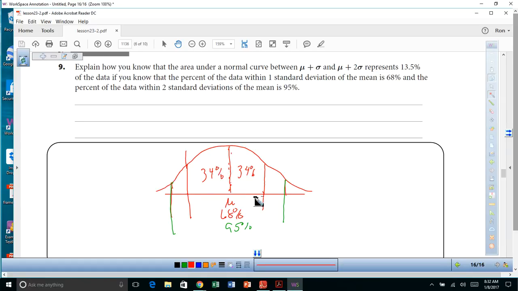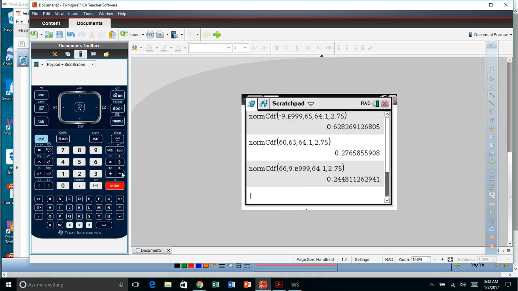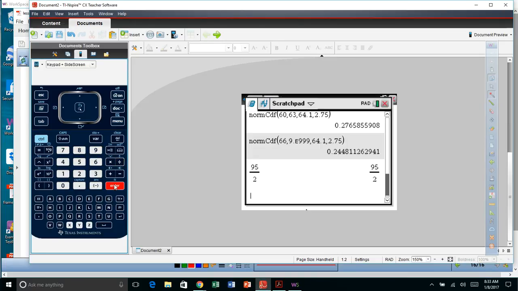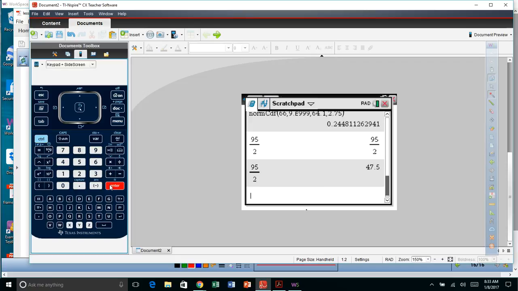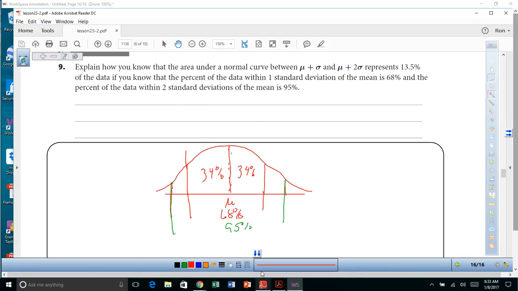Okay, and then 95, what is 95 divided by 2? Let's see, 95 divided by 2 is 47.5. So that would mean that here in the middle you're going to have 47.5, and over here you're going to have 47.5. The normal curve is symmetric.